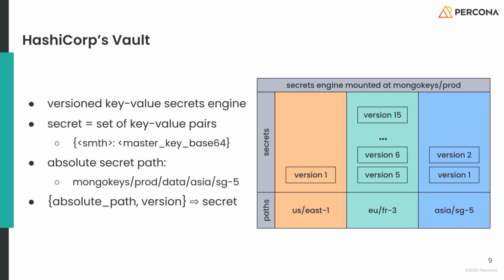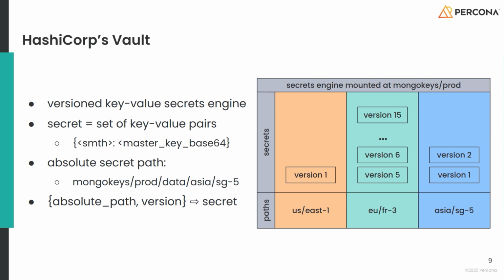We can define the absolute secret path as a concatenation of the engine's mount point, the fixed data token, and the relative path. And we can think of a tuple of absolute path and version as more or less identifier of a secret on Vault.